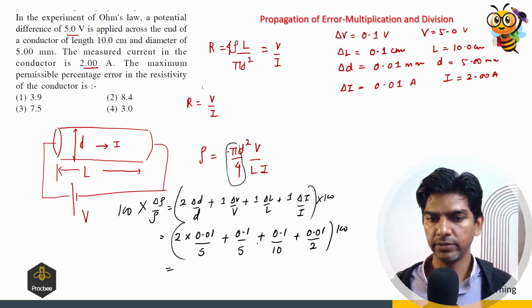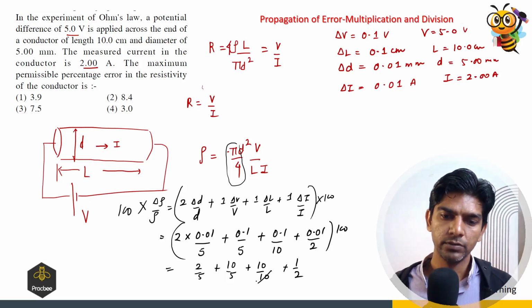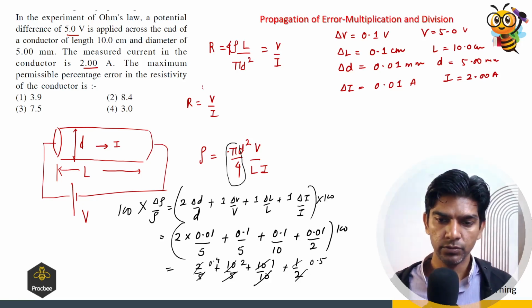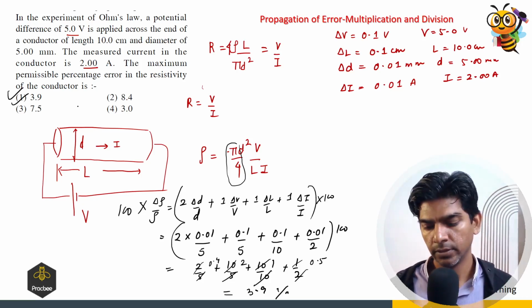If we multiply 100 inside, we will get 2 by 5 plus 10 by 5 plus 10 by 10 plus 1 by 2. So this will give us 1, this will give us 2, so that will be 0.4 and this will be 0.5, so it will be 3.9%. So option 1 is the right answer.